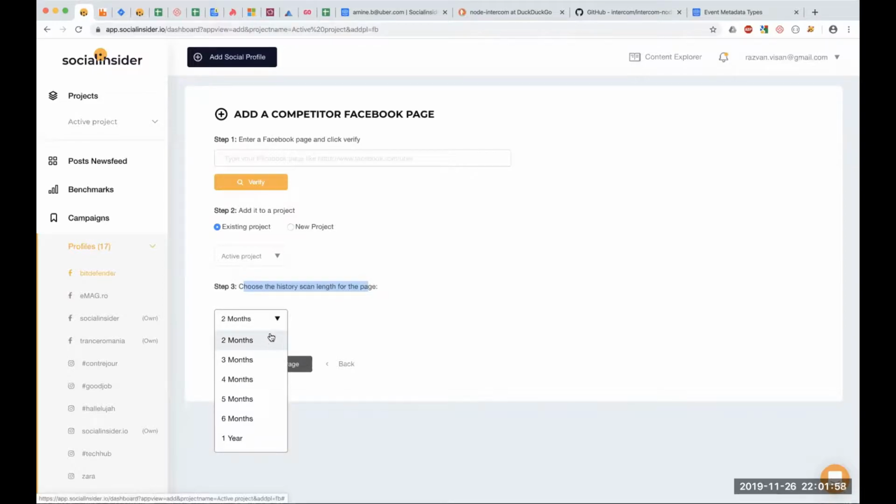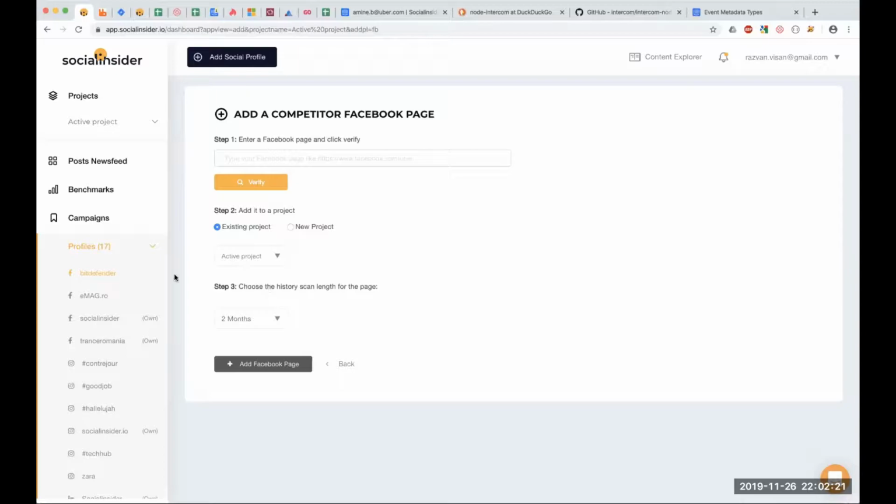This allows you to get data for the last 2 months, 3 months, or up to a year. But we actually had clients for which we gathered the history data for up to 4 or 5 years. We're doing that on a case-by-case basis.